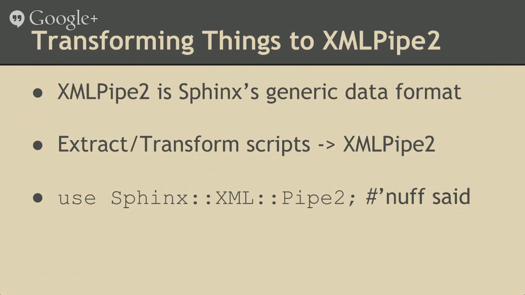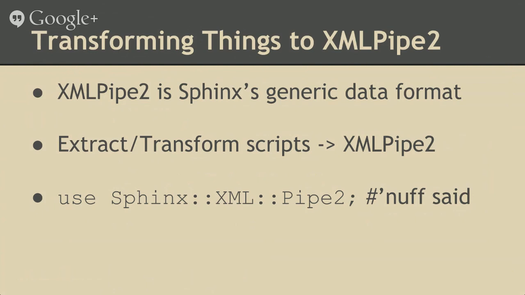XML pipe 2 is what you want your data to be transformed into. As far as writing the extract scripts, you obviously have to write whatever you need to get the data you want.